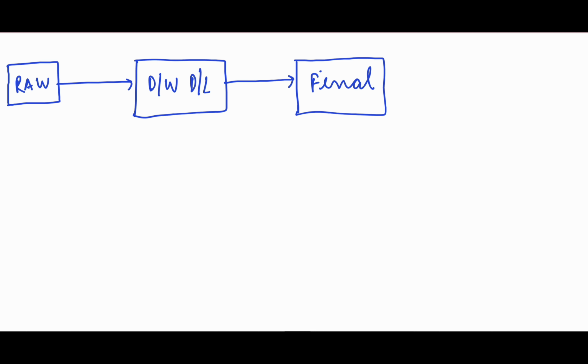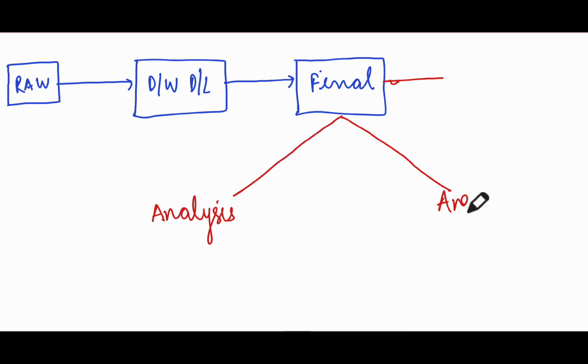Now comes the next part. From wherever the data is stored, you do two things. You can either go into the analysis part, analyzing the data, or you go into the analytics part. This whole part was done by data engineers, this part is done by data analysts, and this part is done by data scientists.